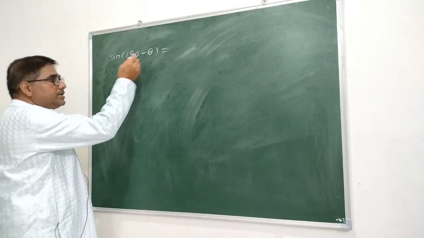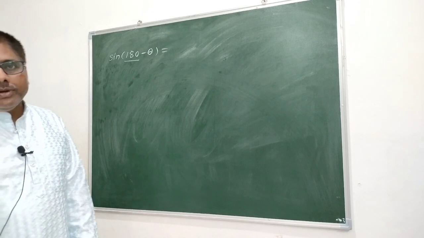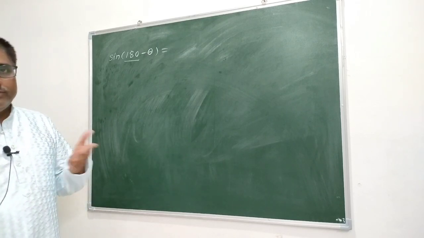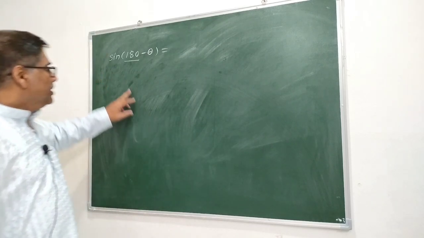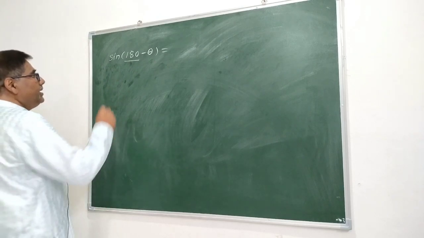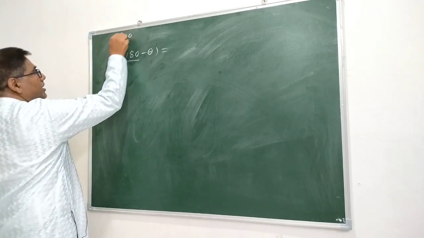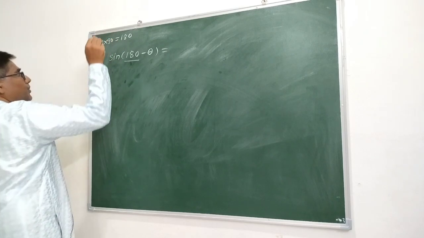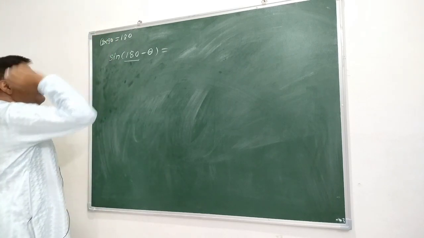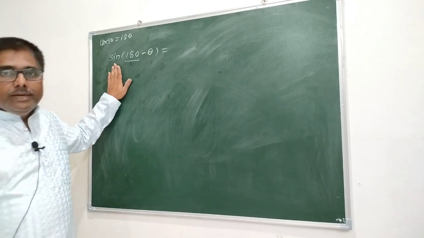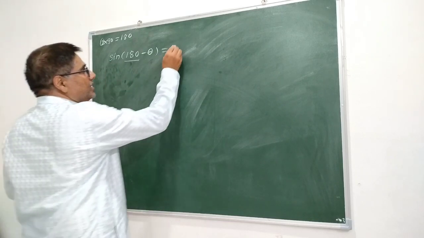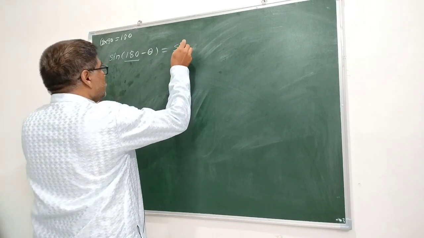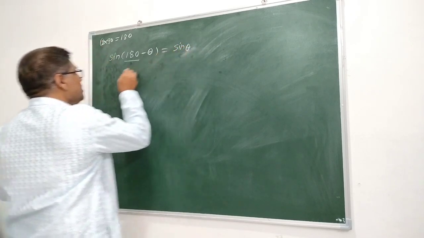See, 180, this angle is even multiple of pi by 2. Pi by 2 radian means 90 degree. This is even multiple of 90. We get 180 when we multiply 90 by 2. This is even multiple. Therefore, here we need not change the ratio. Sine will be sine only. Sine 180 minus theta is sine theta.